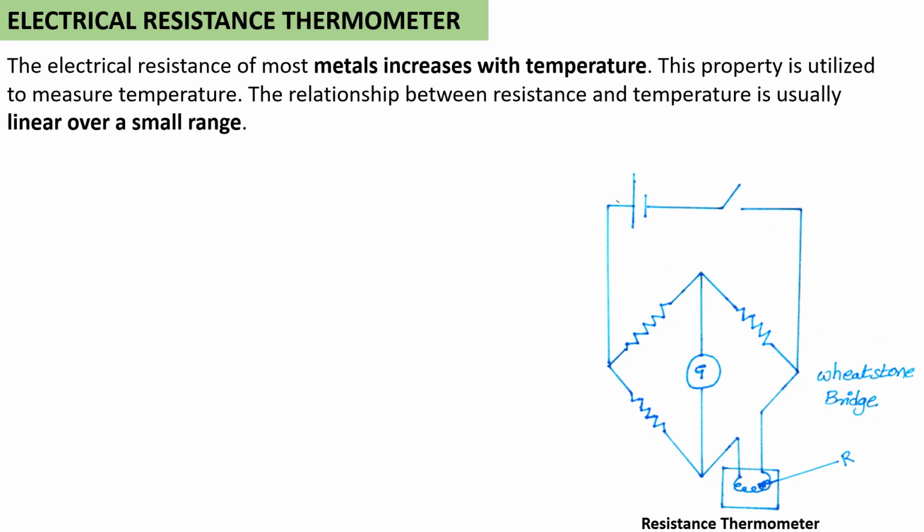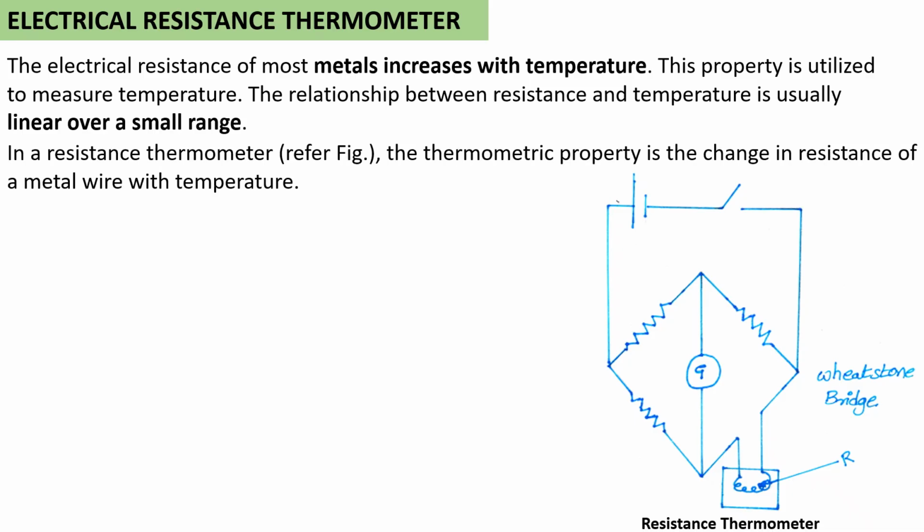Electrical resistance of most metals increases with the temperature. So this property is utilized to measure the temperature. The relationship between the resistance and temperature is usually linear over a small range, which means the resistivity of the metals increases with an increase in temperature and decreases with a decrease in temperature.